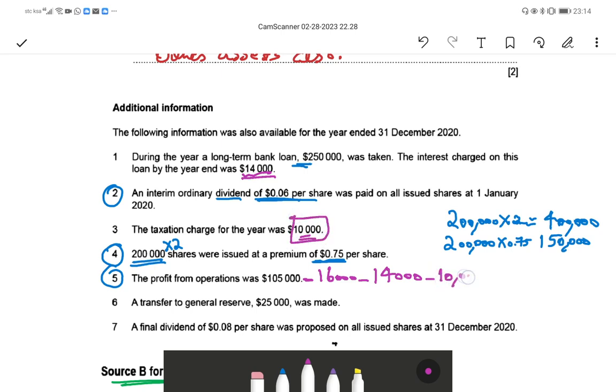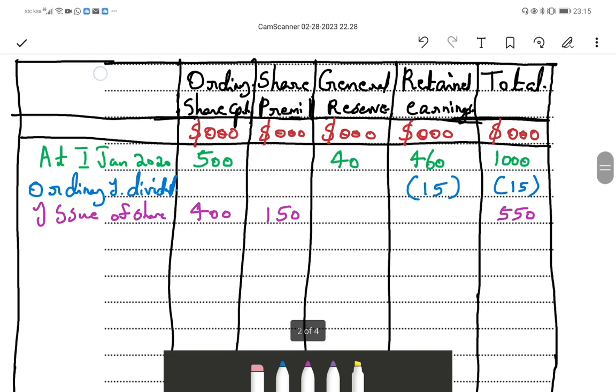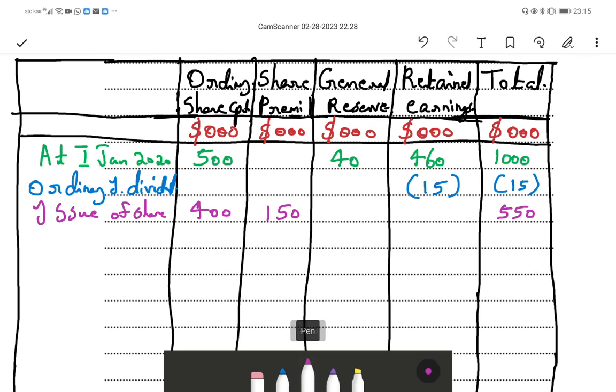So profit for the year is equal to 65,000. We will add to retained earning 65,000.